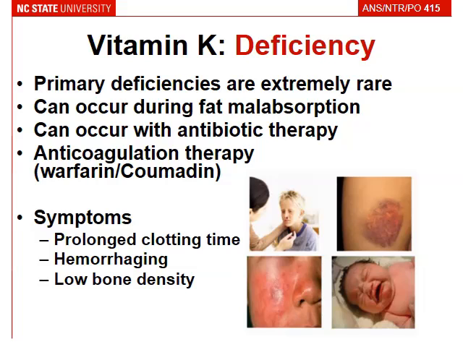In addition, it's found in all your green leafy vegetables, so all of those have adequate amounts of vitamin K. So as long as you are consuming a well-balanced diet and you like your green leafy vegetables, you should be adequate with your vitamin K.